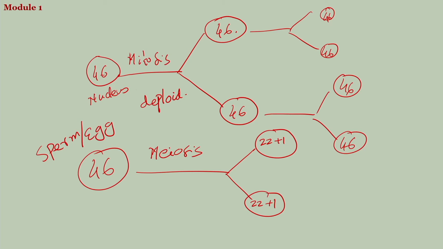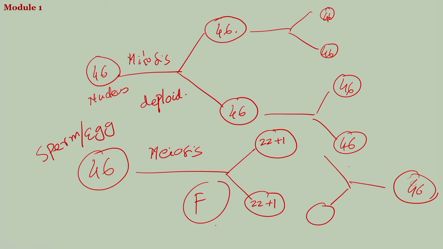Now, if this comes from a father, the same thing happens for the mother. If this is the sperm cell, this is the egg cell from the mother, and here also it is 23 and 23, haploid cell divisions, and then the cells are fertilized and would produce a mature cell with a single nucleus.